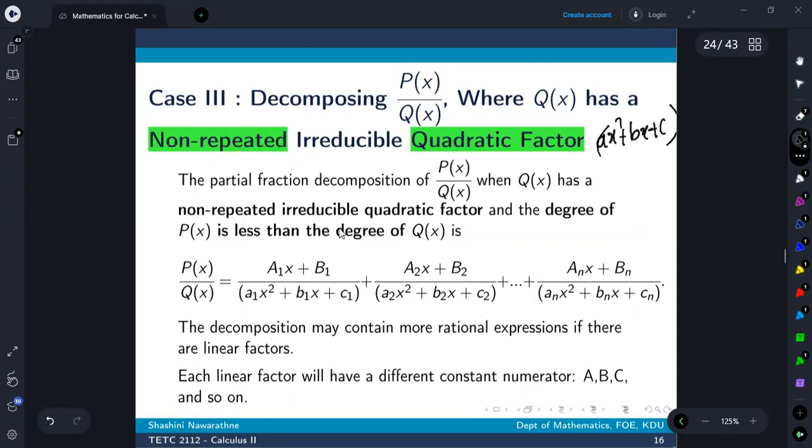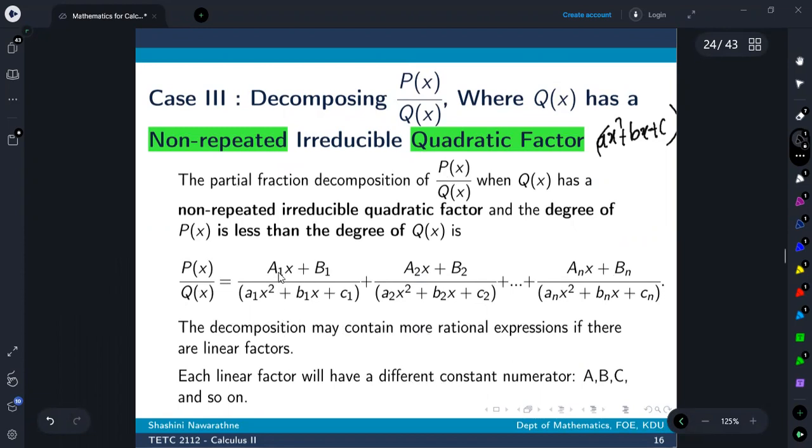The major difference between case 1 and case 3 is that in case 1 we are considering linear factors, and in case 3 we are considering quadratic factors. And in both case 1 and case 3, the factors should not be repeated. So the way of writing the expression for the partial fractions for case 3 is this manner. We are going to consider non-repeated quadratic factors.